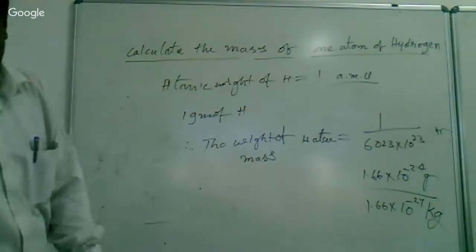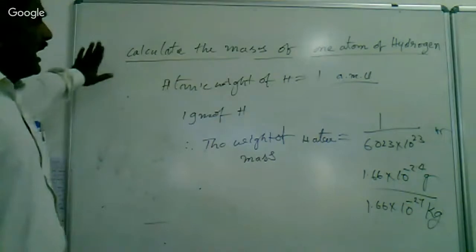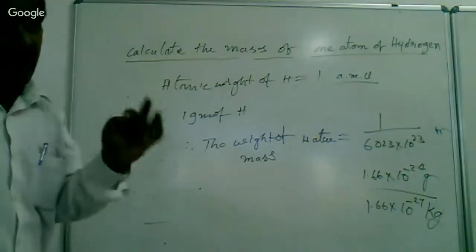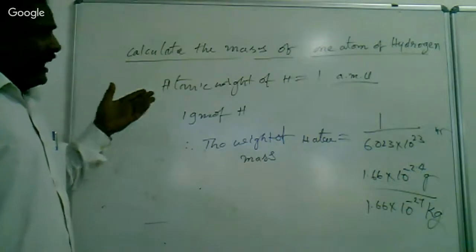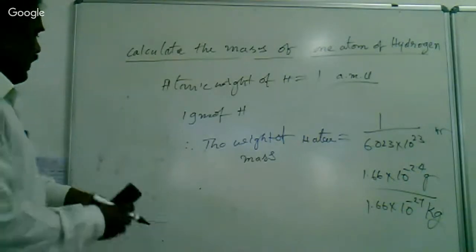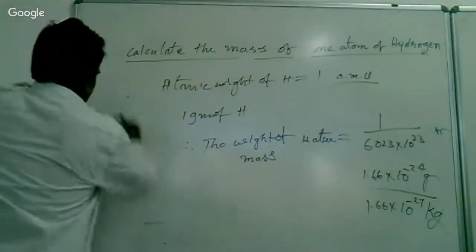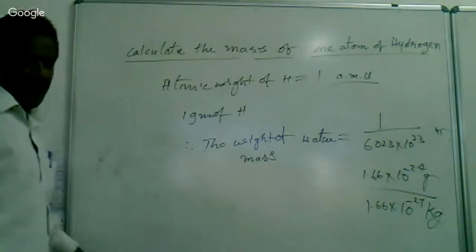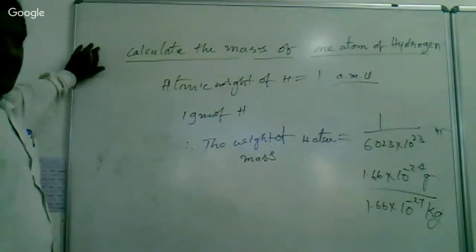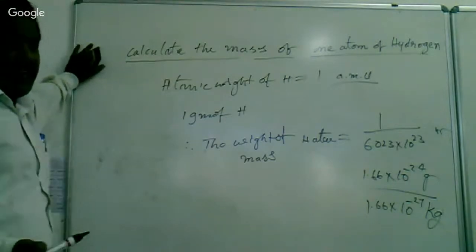So I would like to explain the same thing once again. It's very simple. Here we are just calculating the atomic weight of a single atom of a particular substance. To recall, what is a mole? Say, gram atom, or simply gram atom. Gram atom is nothing but atomic weight expressed in grams.